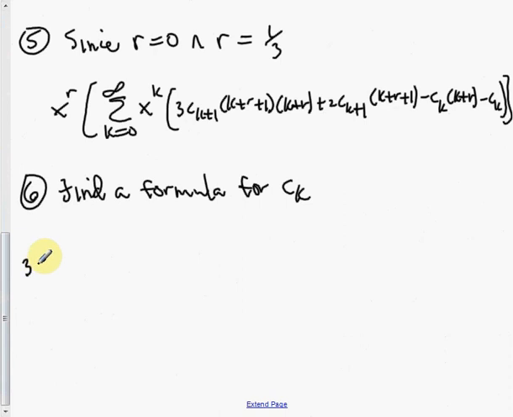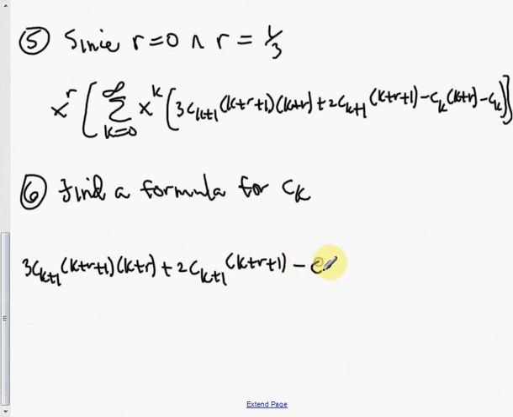So we have 3 c sub k plus 1 times k plus r plus 1 times k plus r plus 2 times c sub k plus 1 times k plus r plus 1 minus c sub k times k plus r minus c sub k. That's set equal to 0.